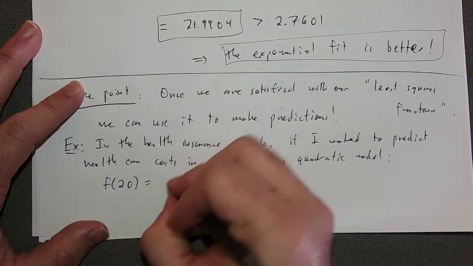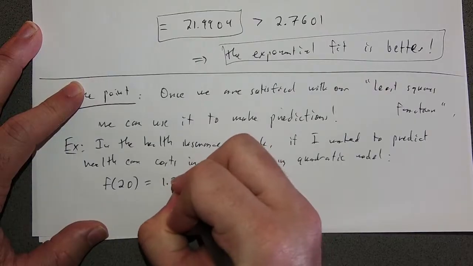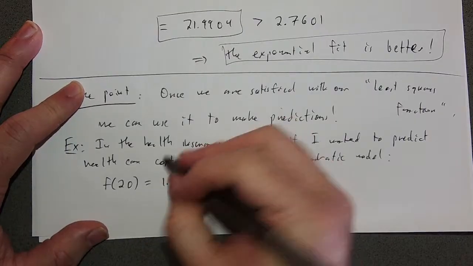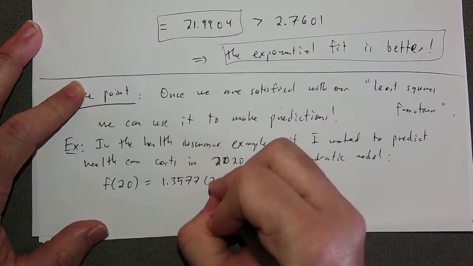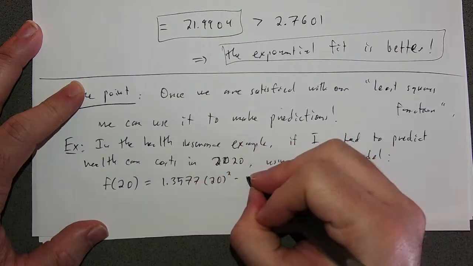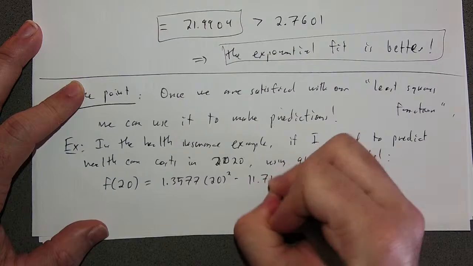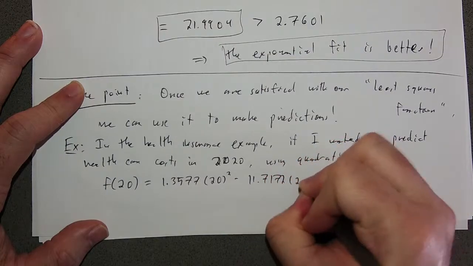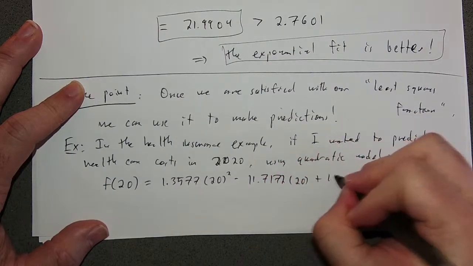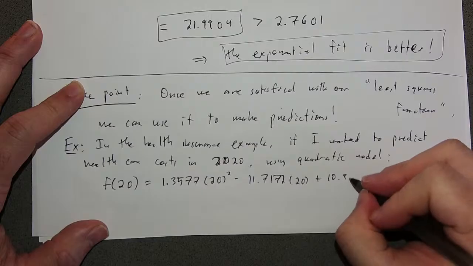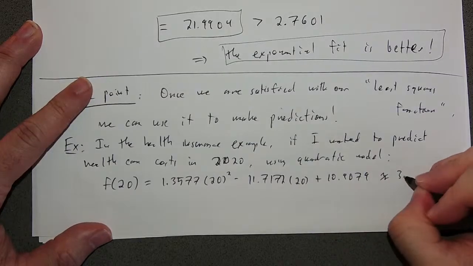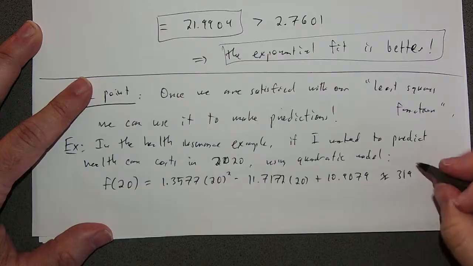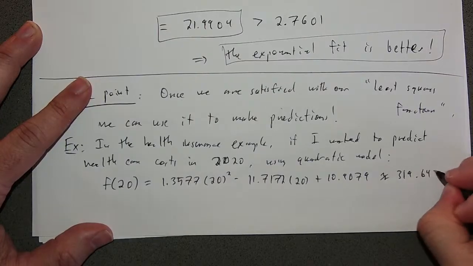So this would be 1.3577 times 20 squared minus 11.7172 times 20 plus 10.9079, and this is approximately 319.6439.